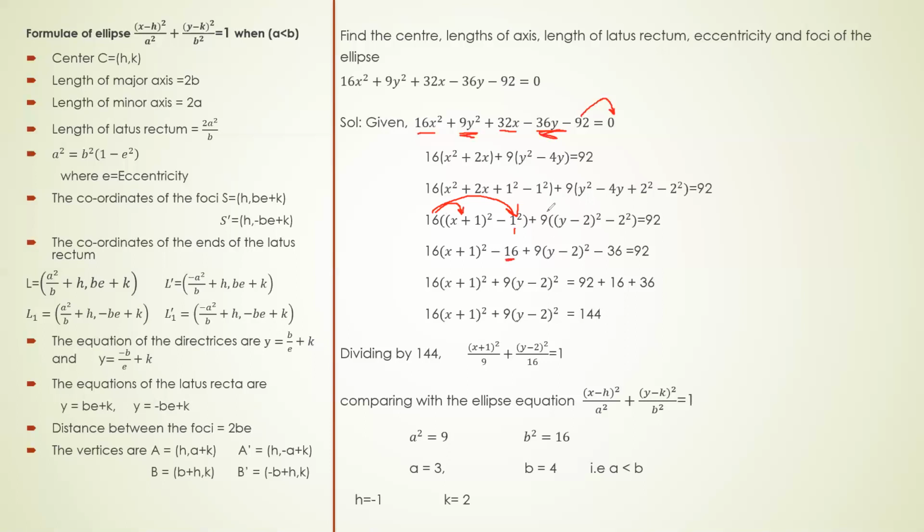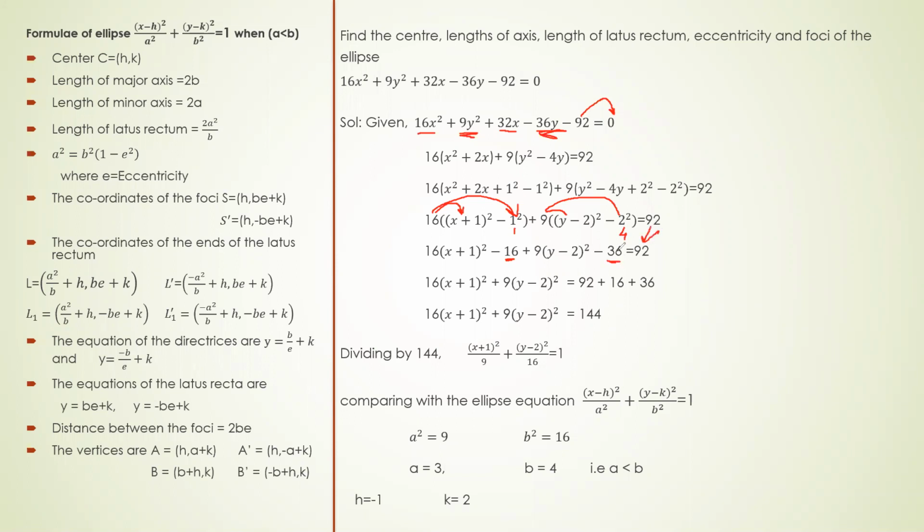Similarly here, 9 we can take in the bracket. So it will be 9 into (y minus 2) whole square minus 9 into 2 square. Here 2 square value is 4. 9 into 4, 9 fours are 36, is equal to 92 as it is.